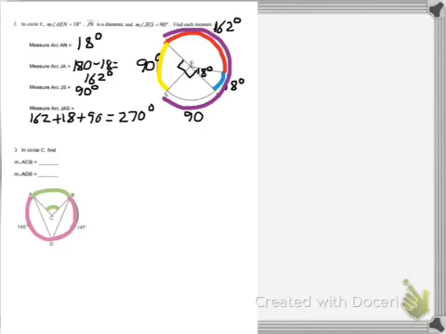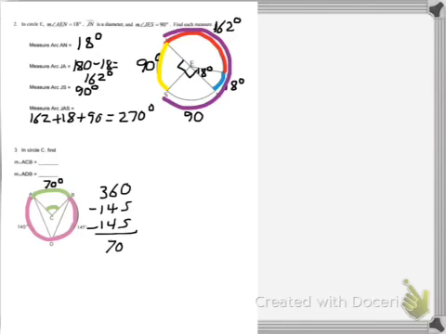Well, we know one time all the way around the circle is 360 degrees. So if I subtract those two other arc angles, 145 and another 145, I should get the measure of arc angle AB. When I subtract those two things, I get 70 degrees. So from A to B would be 70 degrees.